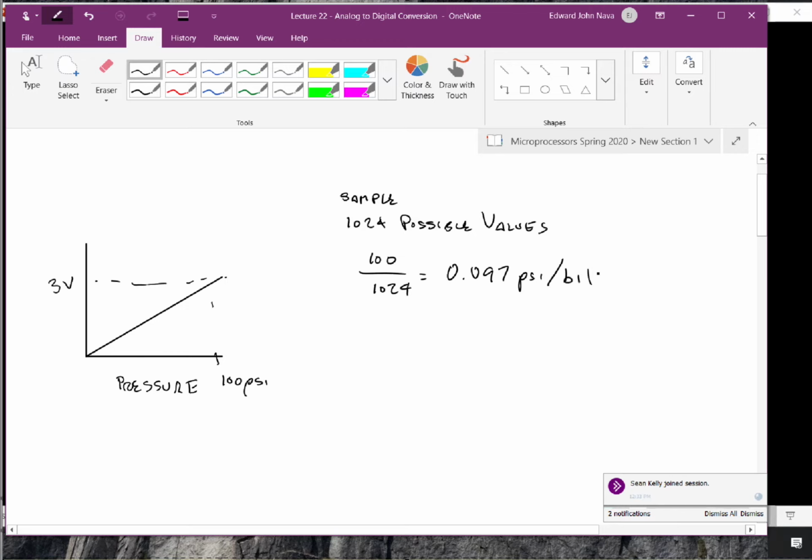So my least significant bit would have a resolution of approximately 1/10 of a psi.